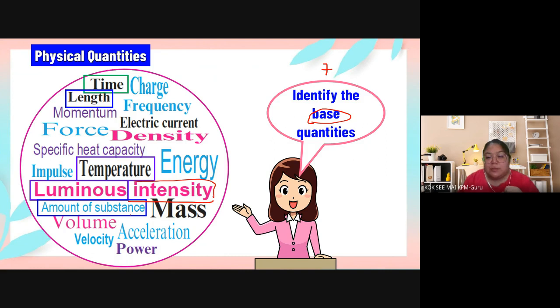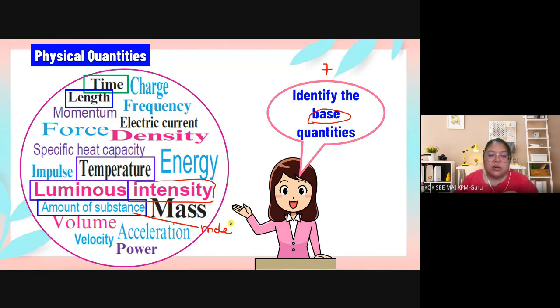Amount of the substance normally comes from your chemistry. We need to know how much substance is in the liquid in chemistry. So normally you calculate by mole. M-O-L-E, how many mole? How concentrated is it inside? We use mole to calculate. So this one is the amount of the substance.